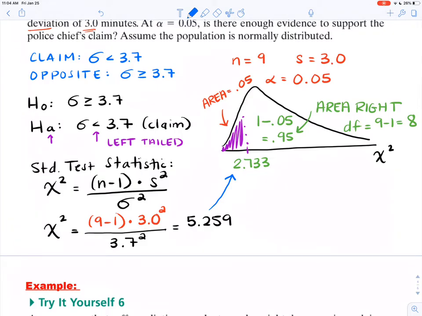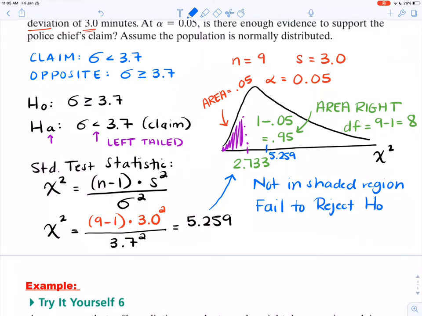Obviously this is not going to be there, right? 5.259 is going to be somewhere to the right of 2.733 because it's greater than. Because it is not in the shaded rejection region, this test will not be able to reject the null hypothesis, which is stated as fail to reject the null hypothesis.